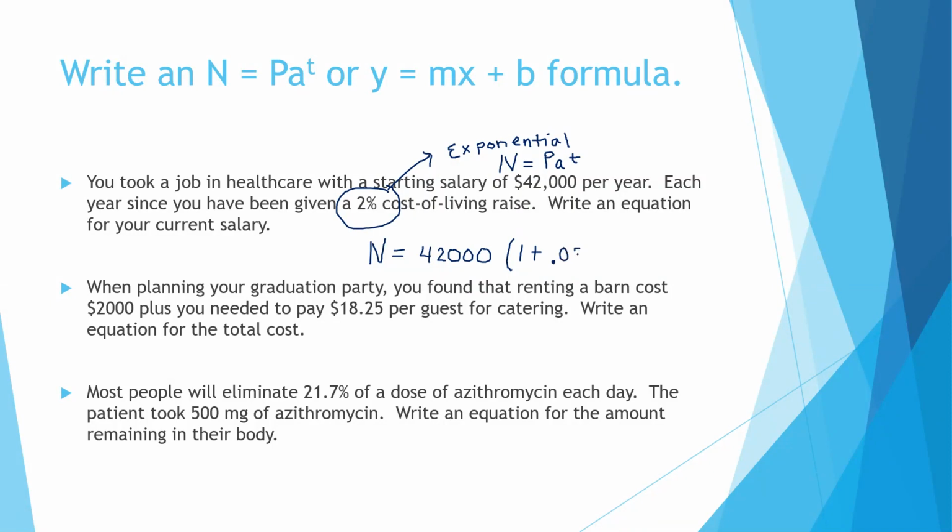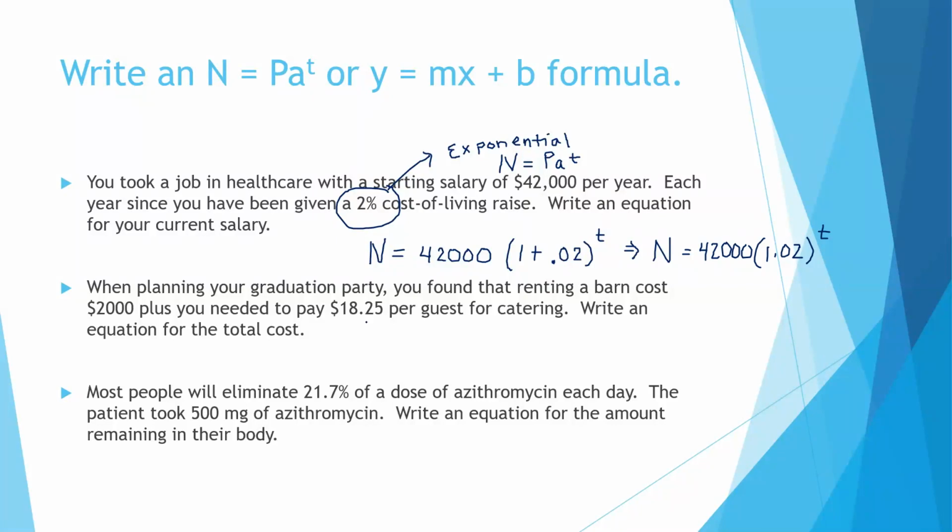And so I put the percent as a decimal, 0.02 to the t power. And then I do have to do the math in that parenthesis to get the actual A value. So this is N equals 42,000 times 1.02 to the t power. And so that's my NPAT formula.